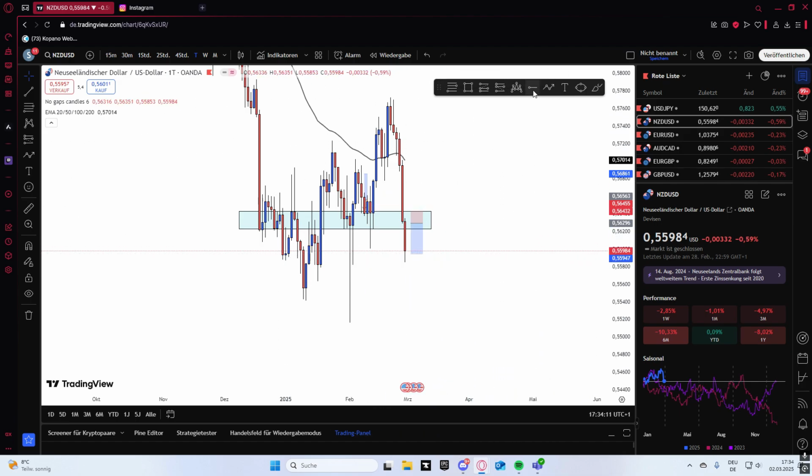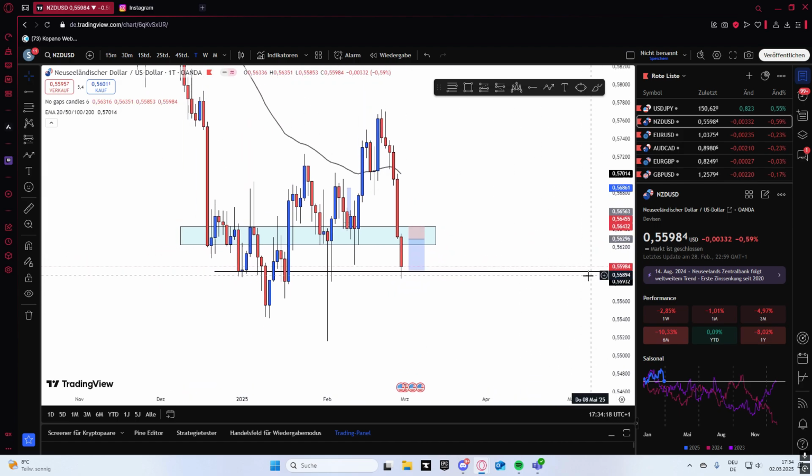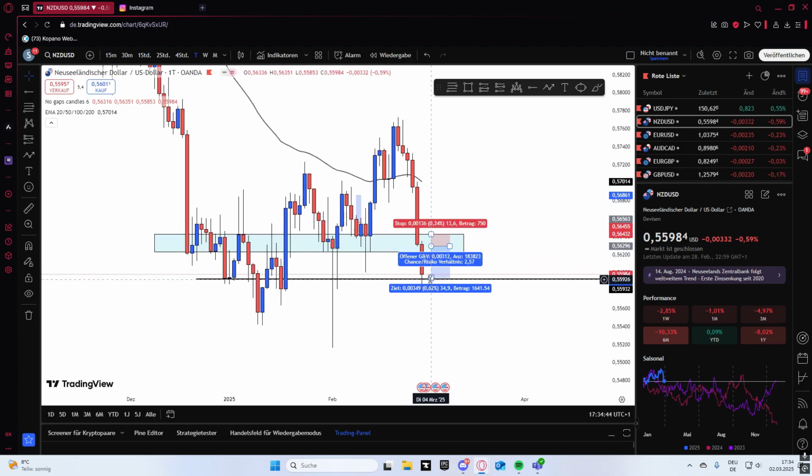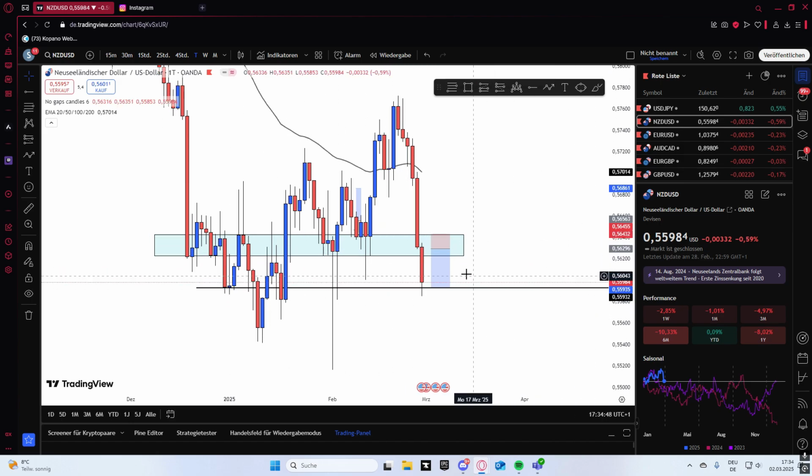So we can see we have this structure, and it's a little bit under the daily structure that we create right now or potentially create. So when we take the sell, we basically say that we will create a new lower low. So this would be my take profit. Really nice trade.